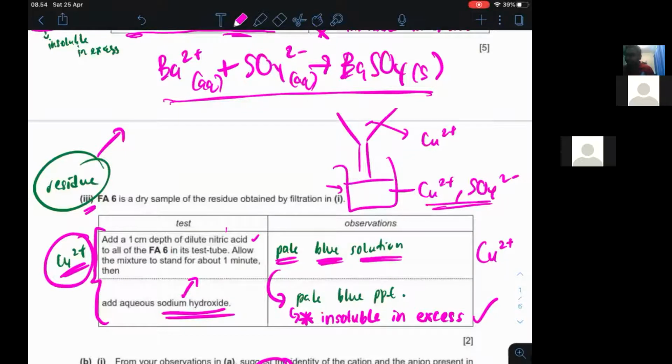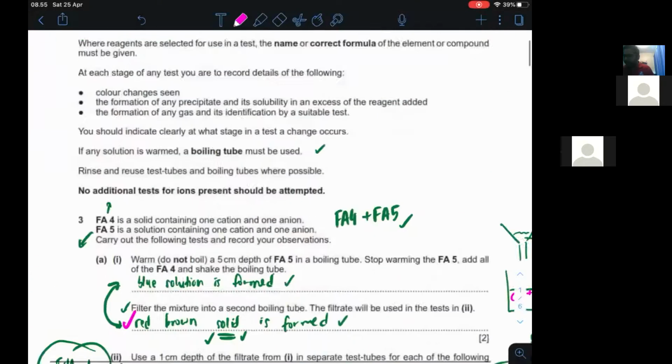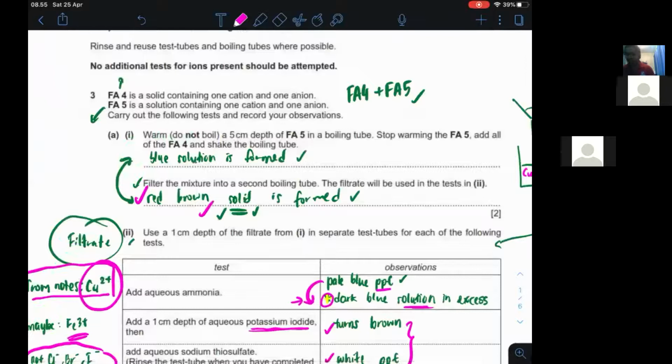I'm getting copper 2 plus, and I know I have something that will give me copper 2 plus. I'm suspecting this might be something to do with oxide because it has a red brown solid. Generally, I can expect it most likely will be oxide.